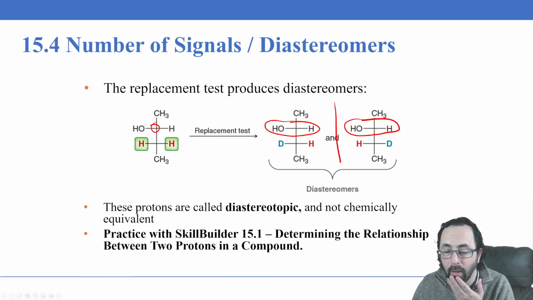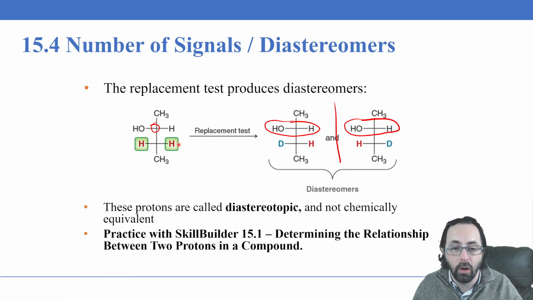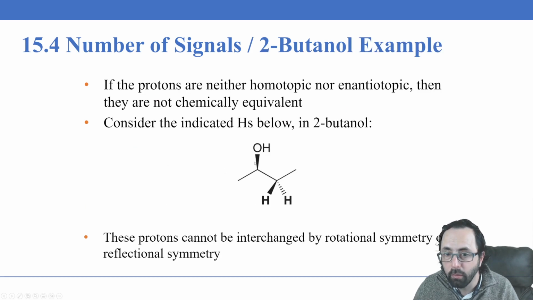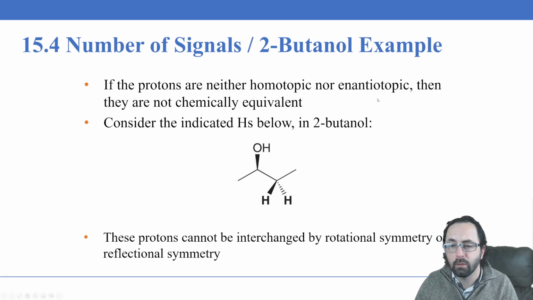And so these two protons are not chemically equivalent, so they will give you two separate NMR signals. If the protons are neither homotopic nor enantiotopic, they're not chemically equivalent.